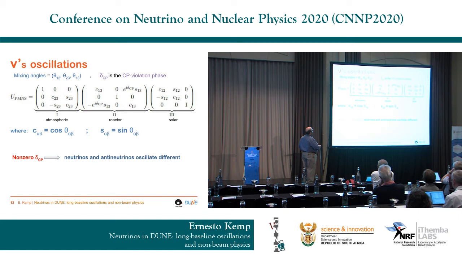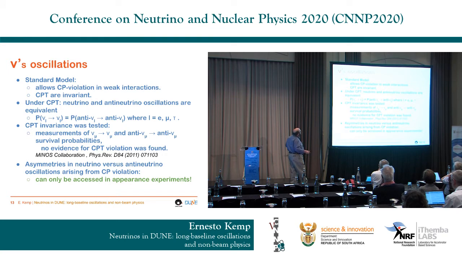The main parameters are the cosines and sines of the rotation angles. And it's important to see that we have an overall CP violation phase that is one of the main targets of DUNE. Just a few words about the CPT invariance that was tested in the MINOS experiment, and no evidence of CPT violation was found.